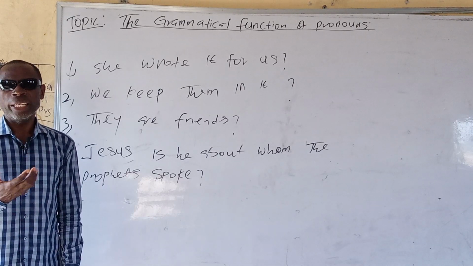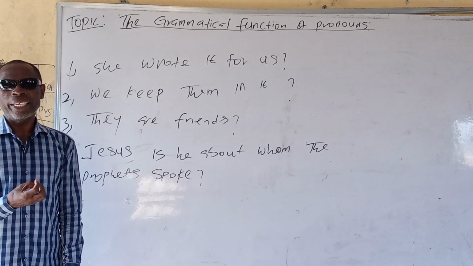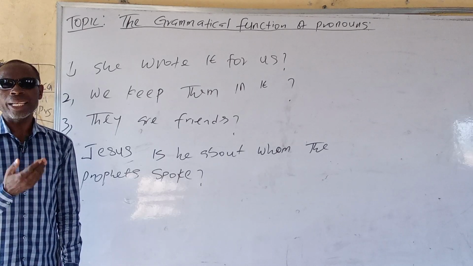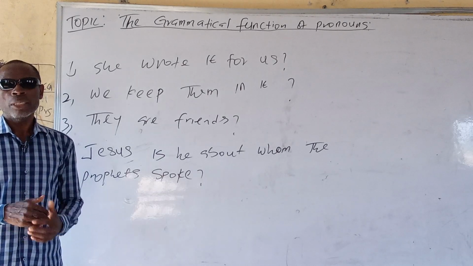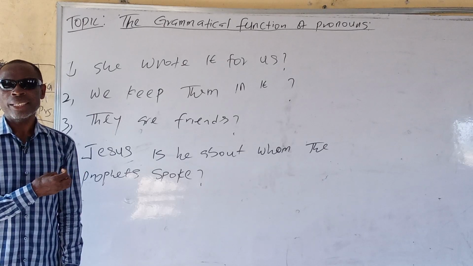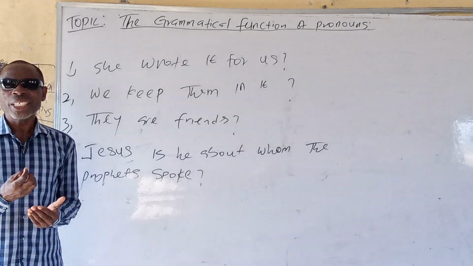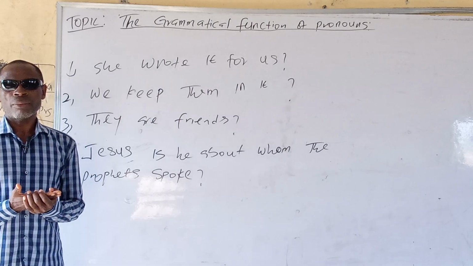We don't know her by name because a pronoun is standing in the gap for the name. She is the pronoun used here. So, she is the subject of the verb wrote.